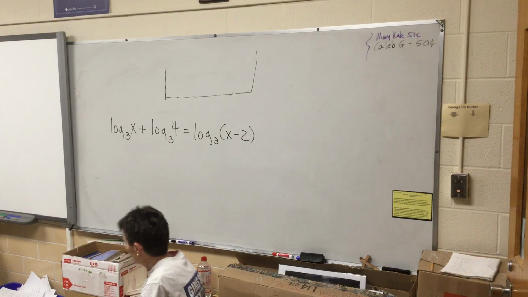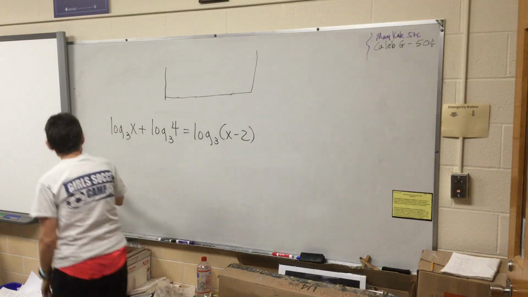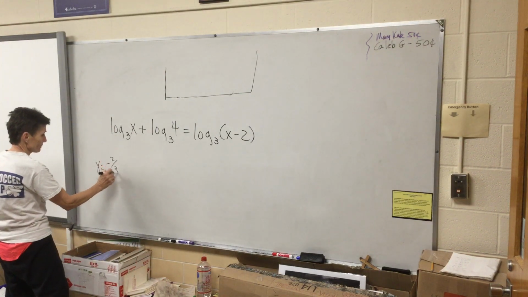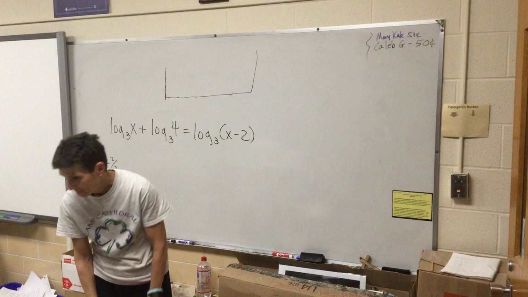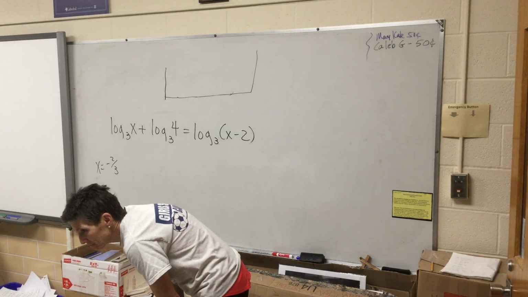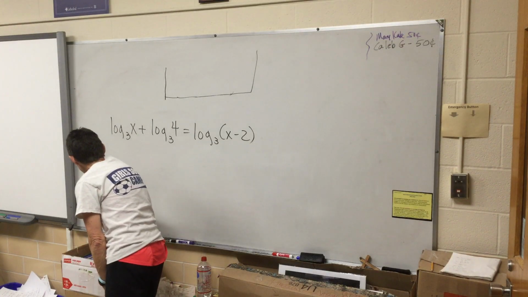One idea is negative 2/3. Anybody have a different idea? Or are we all getting negative 2/3? Is it no solution? No solution is another answer.